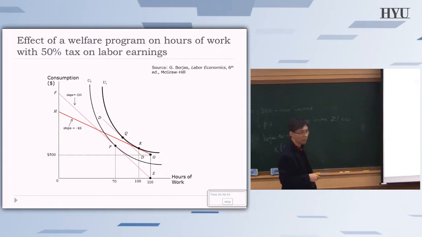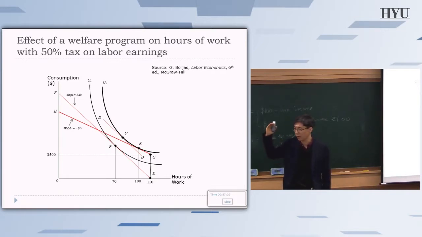The substitution effect happens because the wage rate changes, right? How did it change? It changed from $10, so DD is the $10 line, to how much? $5. So wage decreased, so the price of leisure is cheaper.